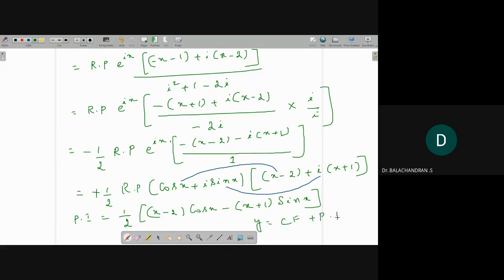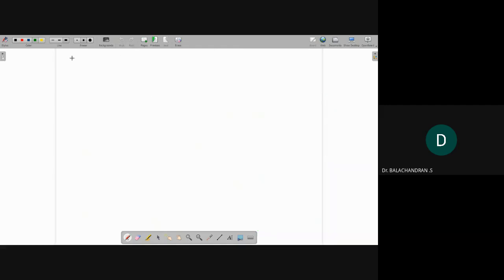So please write again. Third column. Solve d cube minus 1 into y equal to x into sin x.